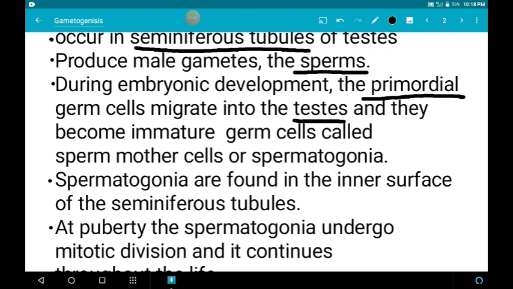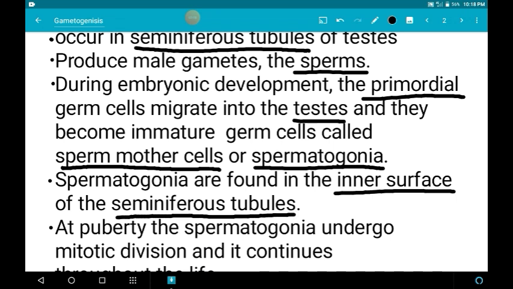Inside the testis, these primordial germ cells become immature germ cells called sperm mother cells or spermatogonia. They are found on the inner surface of the seminiferous tubule. After birth till puberty, the spermatogonia remain at rest and don't undergo any changes.